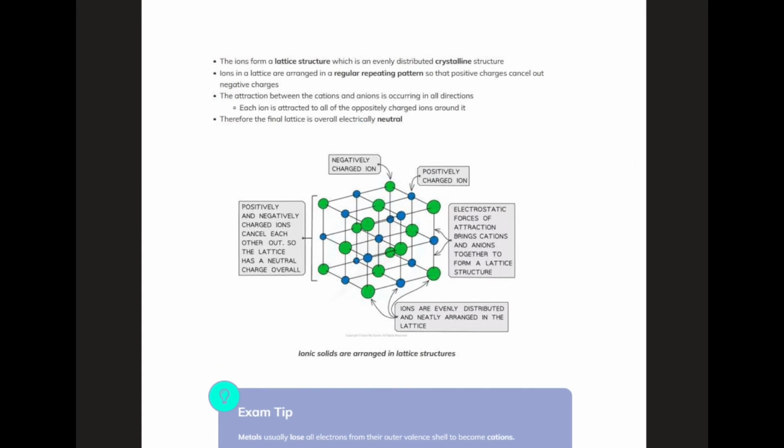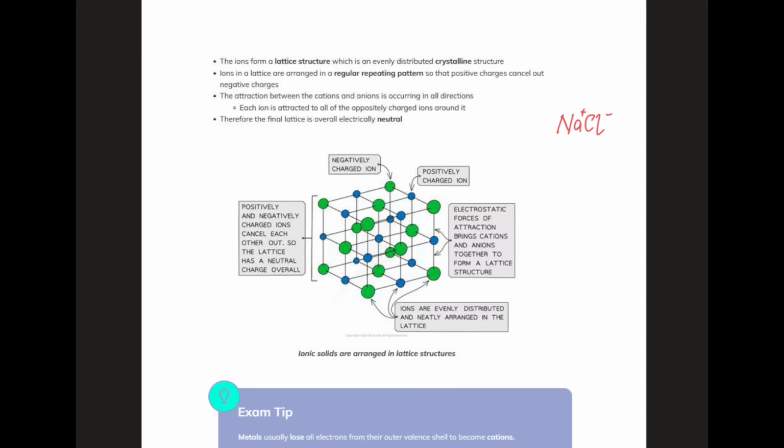The ions form lattice structures, which are evenly distributed crystalline structures. They want you to understand that, for example, sodium chloride, where this is Na+ and this is Cl minus.